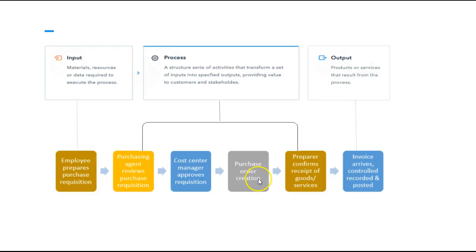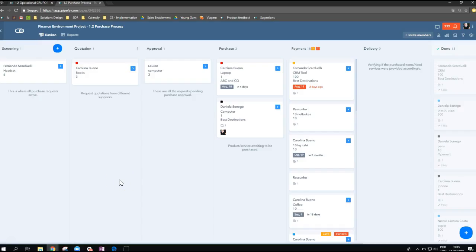And then all the process itself until we get in the end what we need. Basically in the end, we're going to have the purchase request done. And of course, it's going to generate an invoice and an accounts payable for our finance department to pay this account. Now I'm going to show inside Pipefy how that purchase request would work.